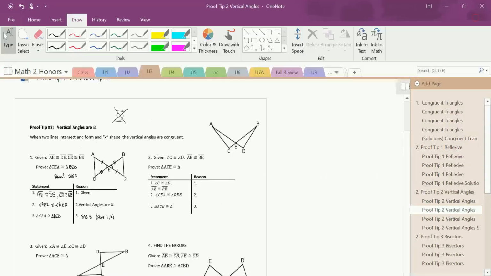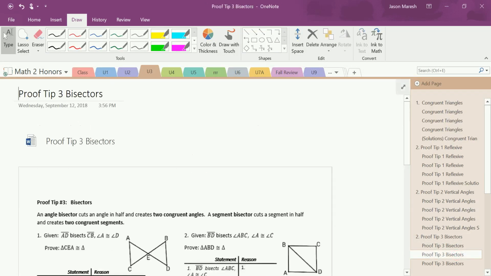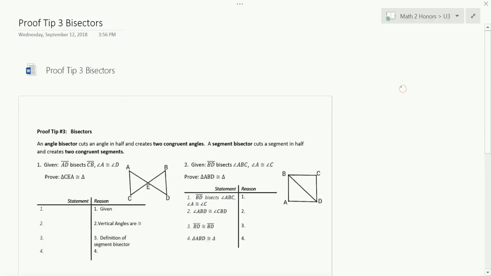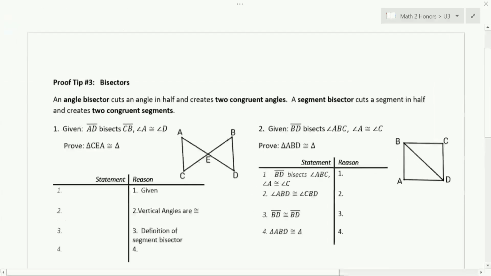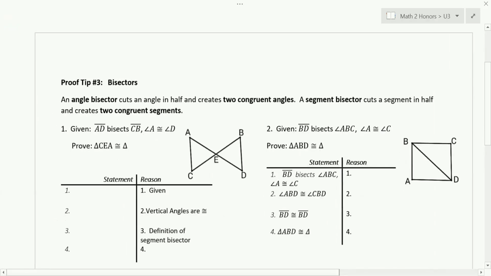Let's go to our last tip for the day, bisectors. So there are two things you can bisect. You can bisect a segment, or you can bisect an angle. Bisect means to cut in half, right?